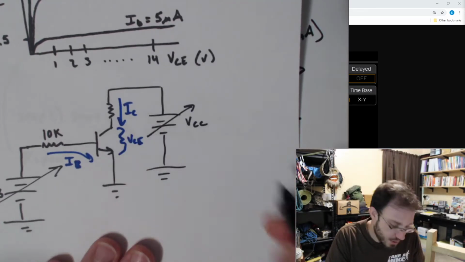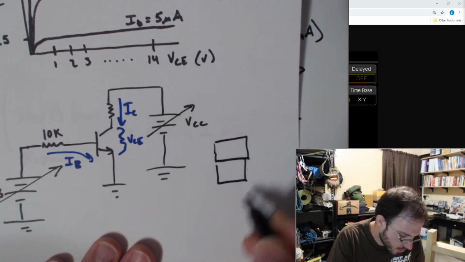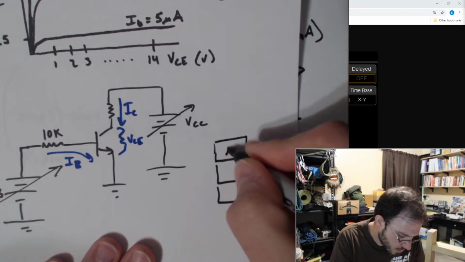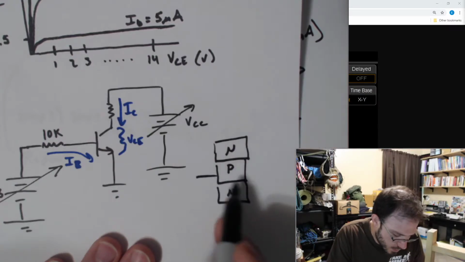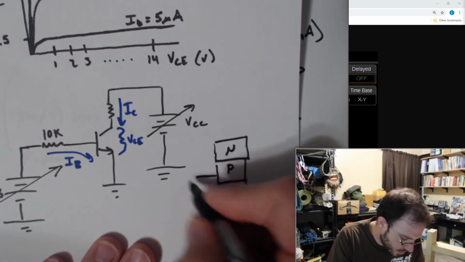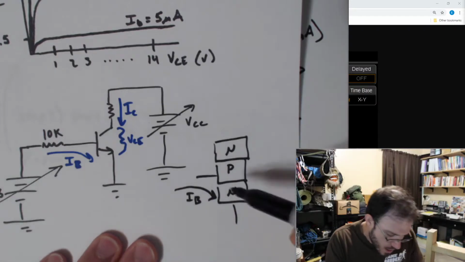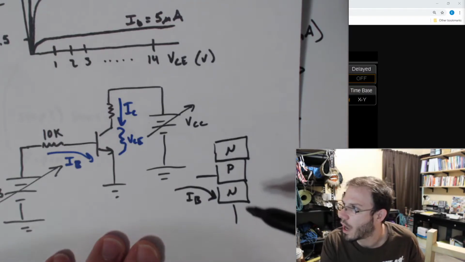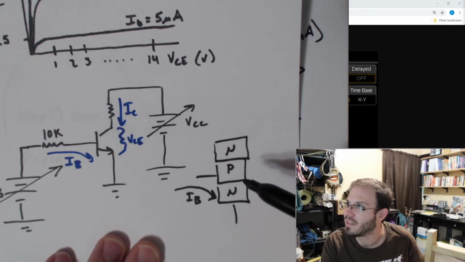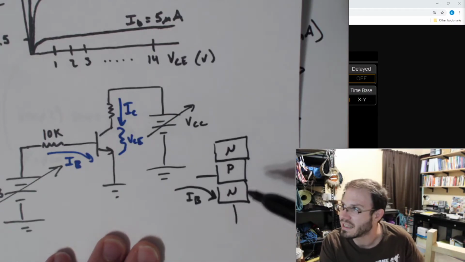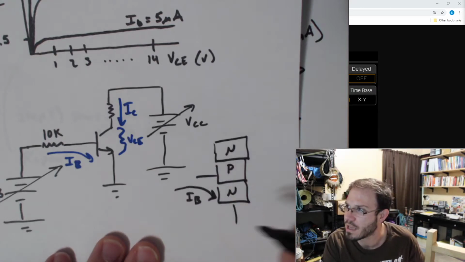If you look inside this transistor, you have that NPN sandwich. If you just look at the base circuit, you have a 0.7 volt drop, which, from the semiconductor physics perspective, is that barrier voltage you need to exceed in order to get any current to start flowing from the base to the emitter.